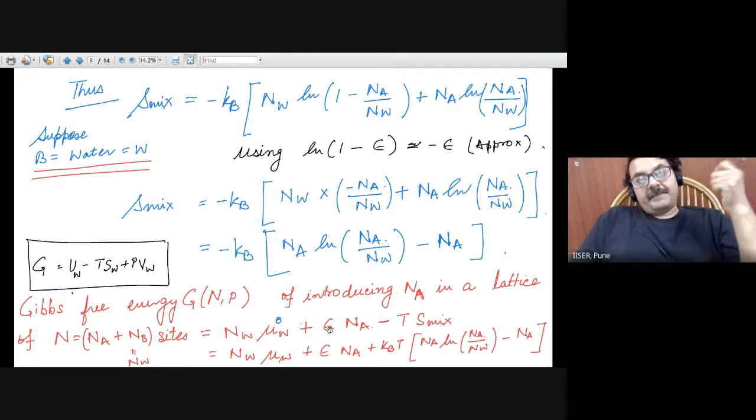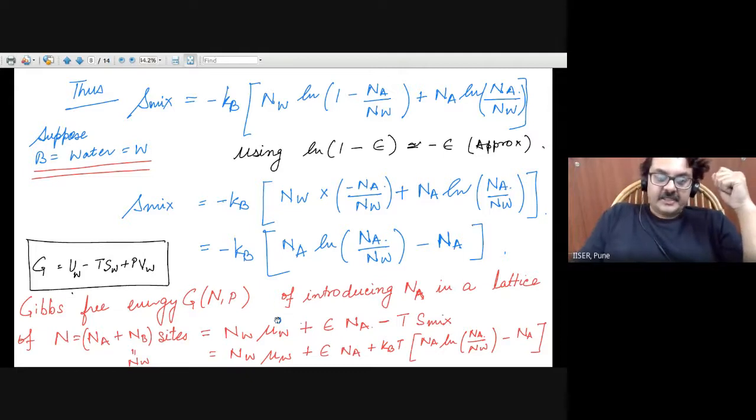The pressure and the volume and so on is already incorporated here. These are just the correction terms on introducing Na particles. You're assuming pressure is not changing, volume is not changing, and just replacing Nb particles by Na particles, and this is the corresponding cost.